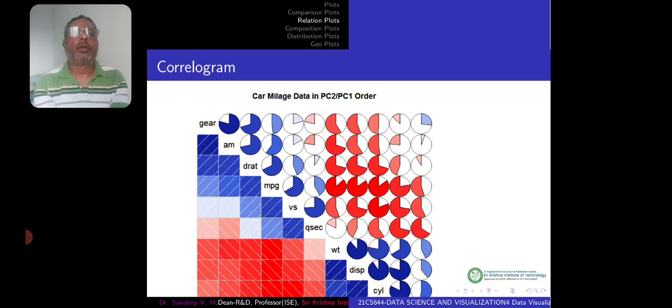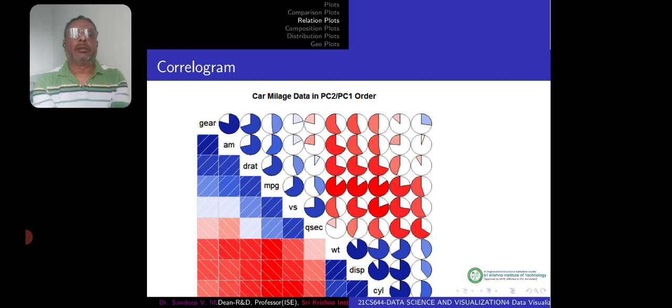Looking at the diagonal, you can see that the first row, first column talks about gear, the second row, second column talks about AM, the third row and third column talks about DRAT, miles per gallon is the next one, VS is the next one, and so on.